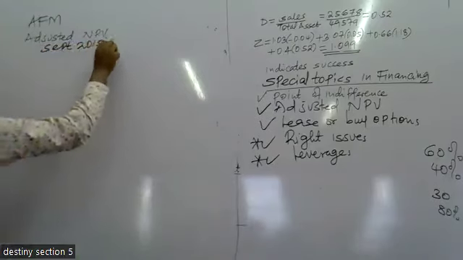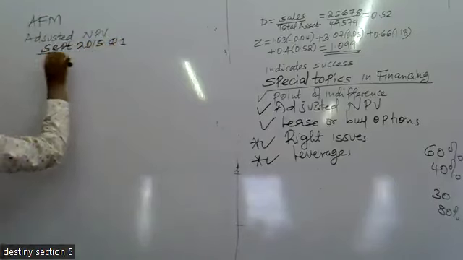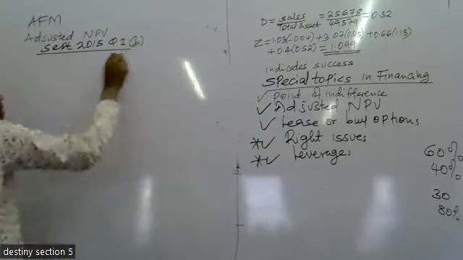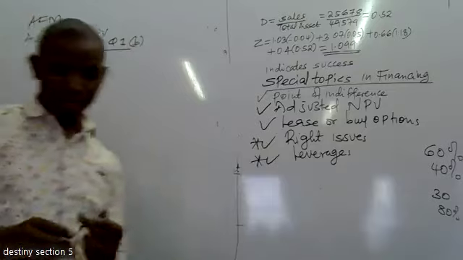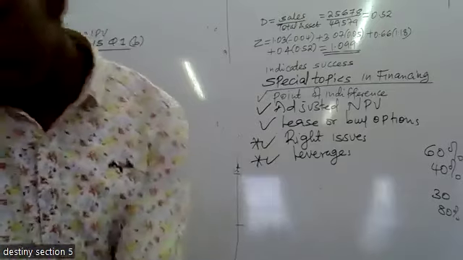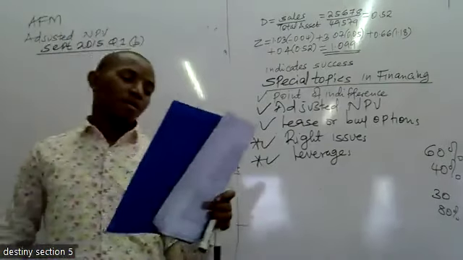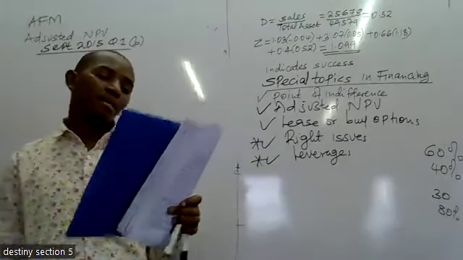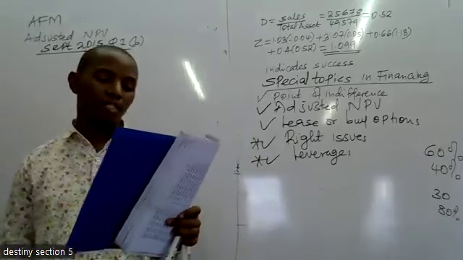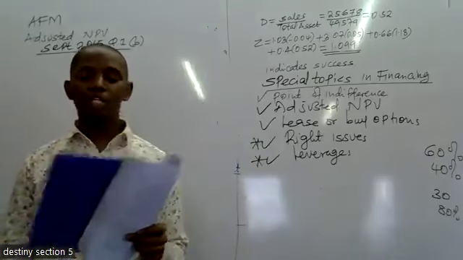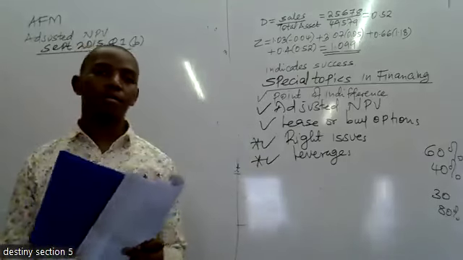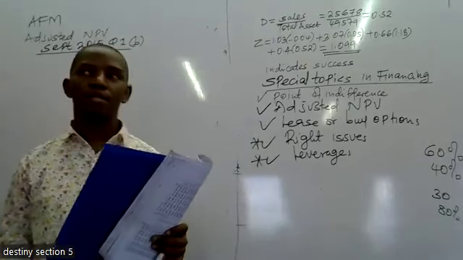Now, let me just do that of September 2015, question number 1B. This is what the question reads. The managers of Kawaida Limited are investigating a potential shillings 25 billion investment.